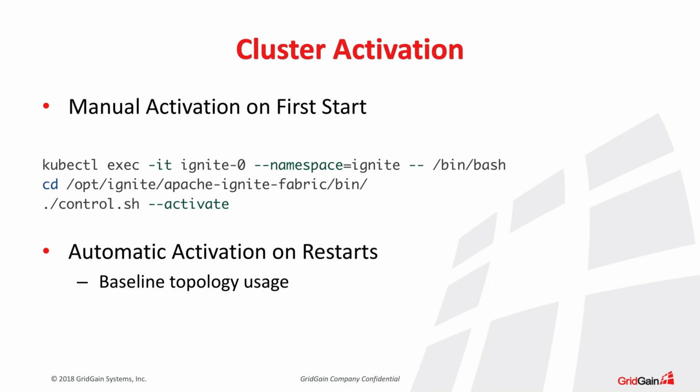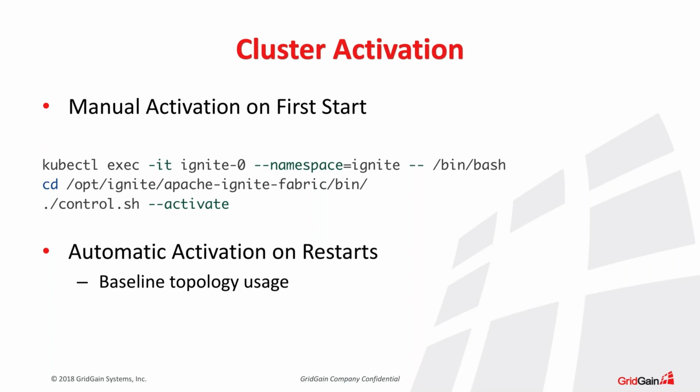It's also needed especially on restart, when, let's say, part of the nodes is already up and running but the other part is still down, and we don't activate the cluster until all the nodes are interconnected. Anyway, for the very first start, you need to activate your cluster manually.